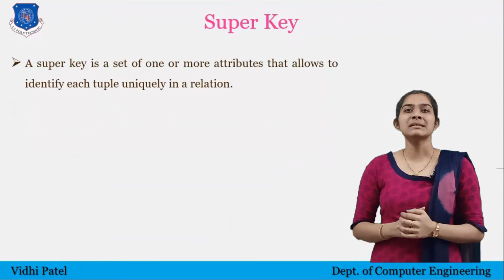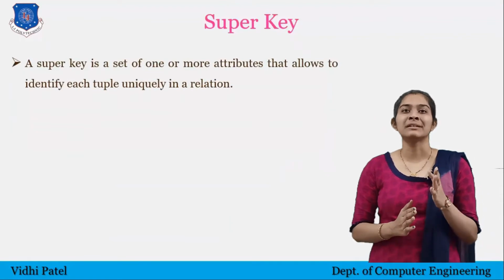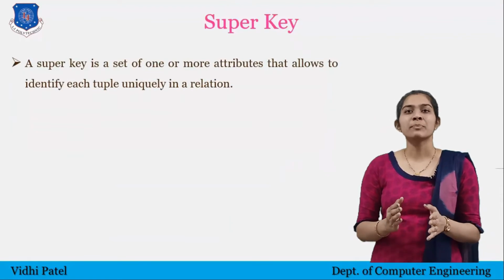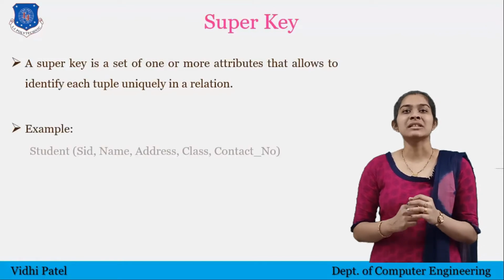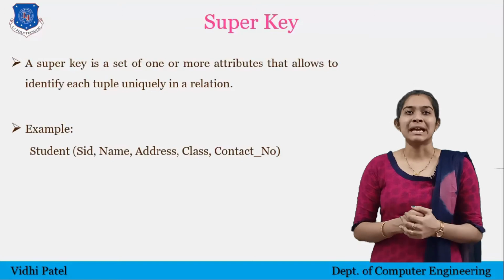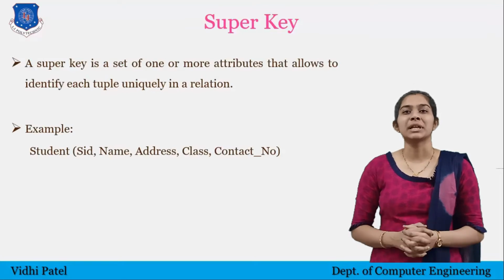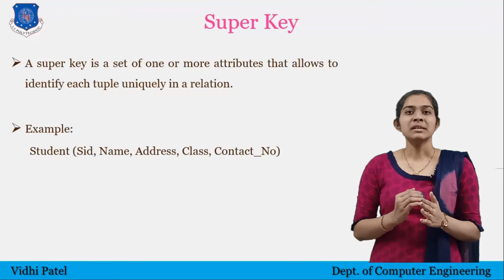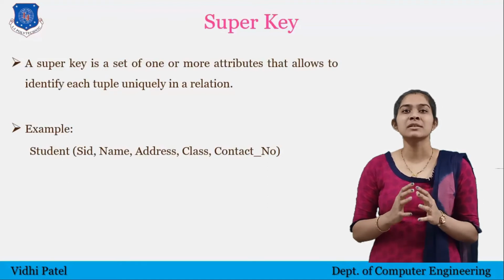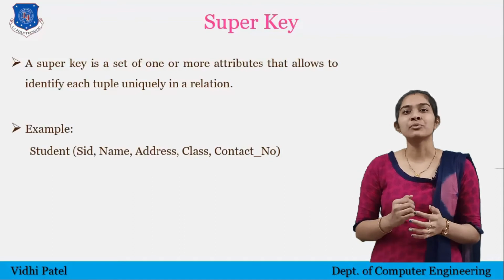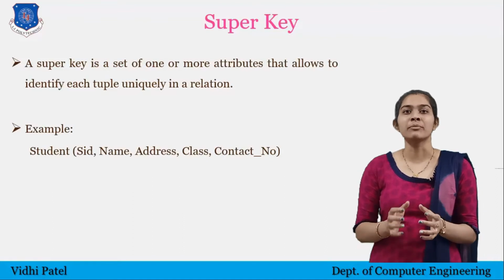A super key is a set of one or more attributes that allows us to identify each tuple uniquely in a relation. For example, consider a relation student with attributes student ID, name, address, class and contact number. In the student relation, each tuple represents an individual student. Here, the student ID attribute can distinguish each tuple from another.